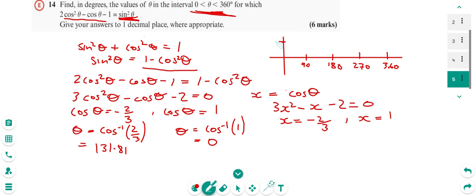And cos goes through 1 at 0 and then comes to 0 at 90 degrees, minus 1 at 180, 270 is back at 0, and then 360 back at 1. So if we join them up, we get that.